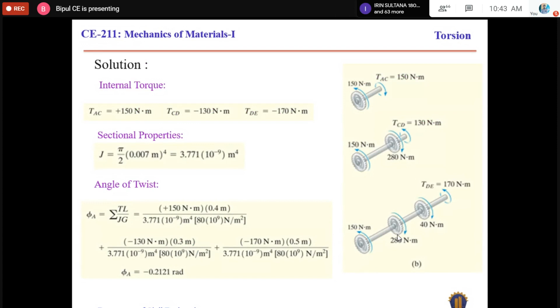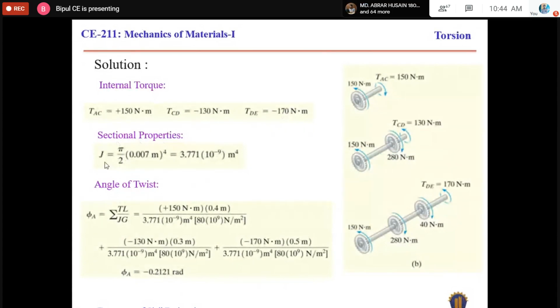This one is the applied torque, and the developed torque within this length DE is TDE. If we apply the equilibrium condition again, positive 150, negative 280, negative 40. So the resultant internal torque will be negative 170 Newton meter.